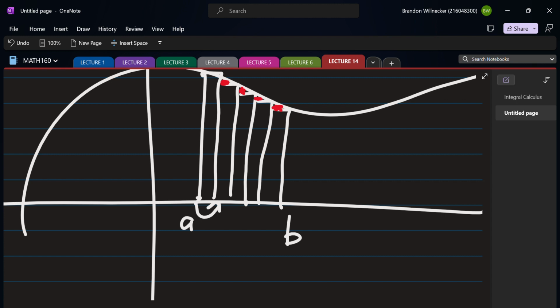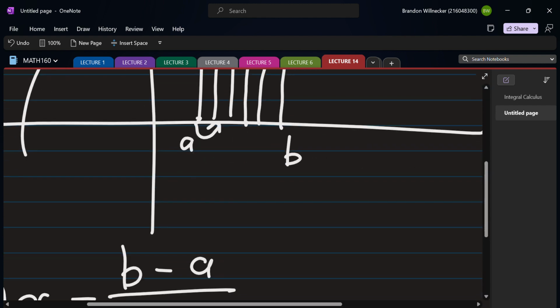The first one, at A, it's just A. What's the next one going to be? We've moved a distance delta x, so it's A plus delta x. If we go one more time, we've hopped 2 rectangles, so that x position will be A plus 2 delta x. If we hop 3 times, it will be A plus 3 delta x. We just keep hopping until we get to the end.